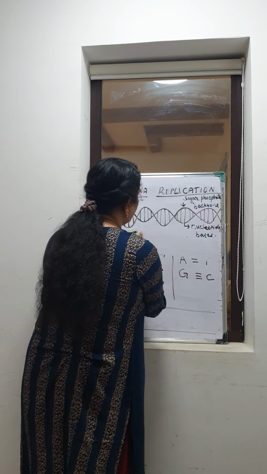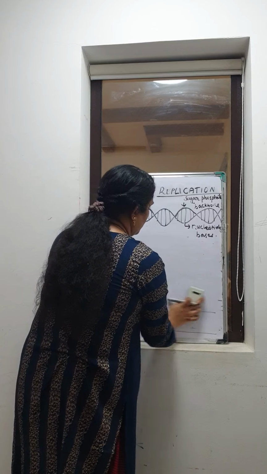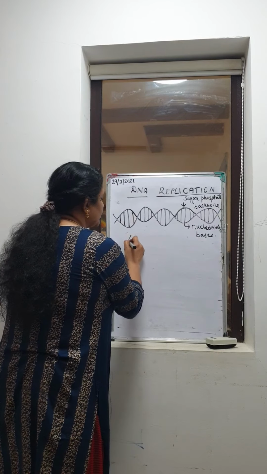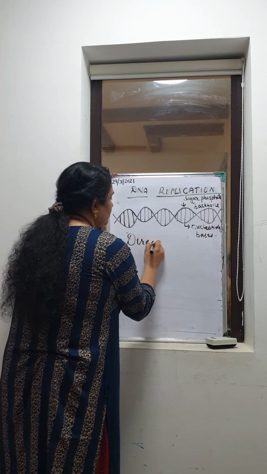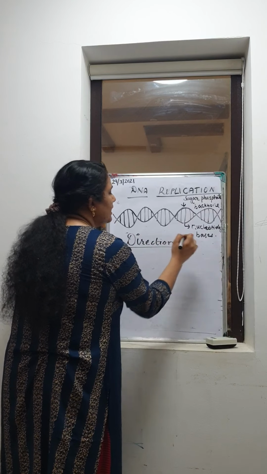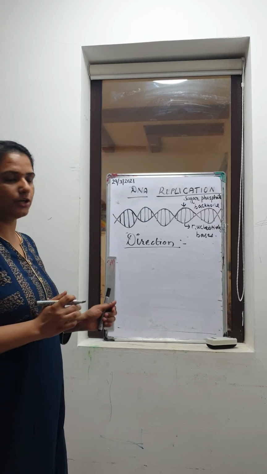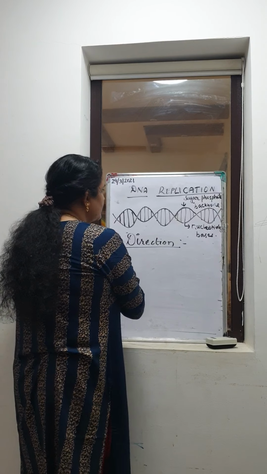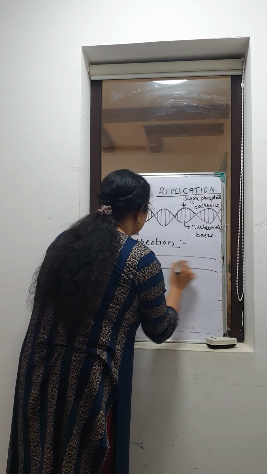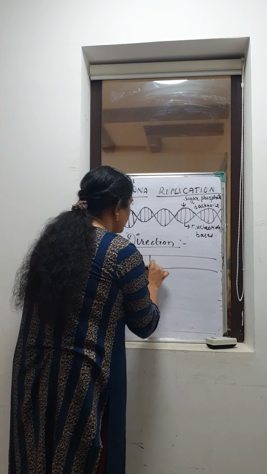The second important thing which we have to know about DNA replication is direction, the direction of the strand. The direction is very important over here. I'm just drawing this ladder structure for your better understanding.